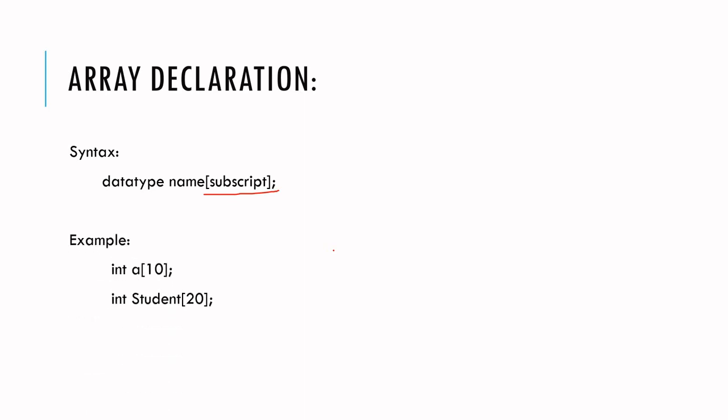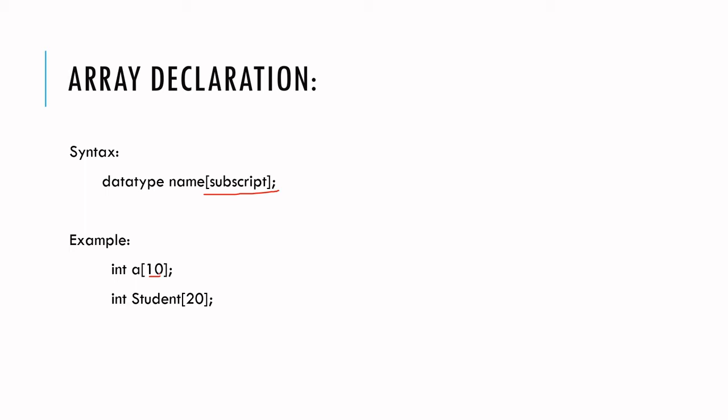Let's see an example: int a[10]. It means you are going to declare one array with the name a.